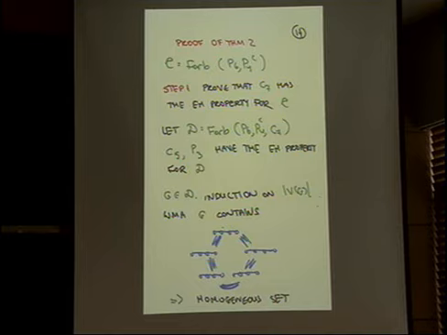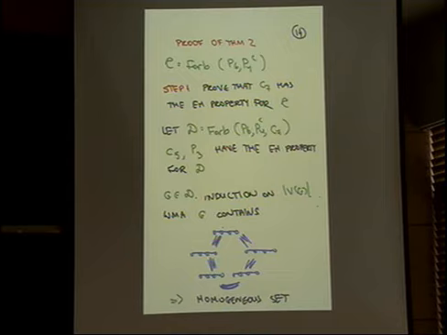Okay, so what we're trying to do here is look at the class where a 6H path and the complement of a 4H path are forbidden, and prove that there's a big clique or a big stable set. So the first step is proving that C7 has the Erdős–Hajnal property with respect to this class.